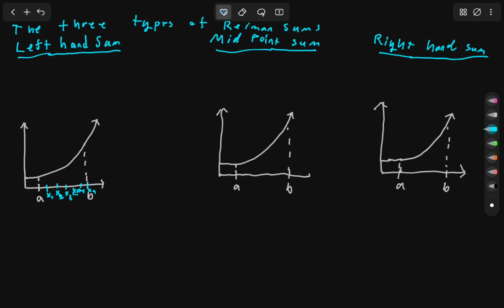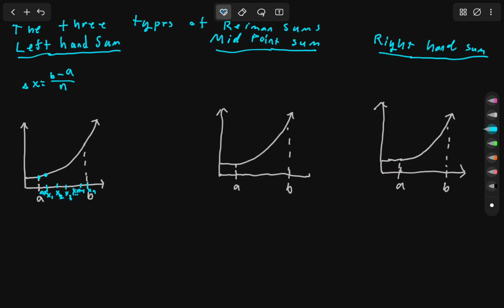The left-hand sum supposes we use the left endpoint of every interval and then multiply it by this very small width, change in x, which is equal to the higher endpoint of the interval minus the lower endpoint of the interval, divided by the number of rectangles.